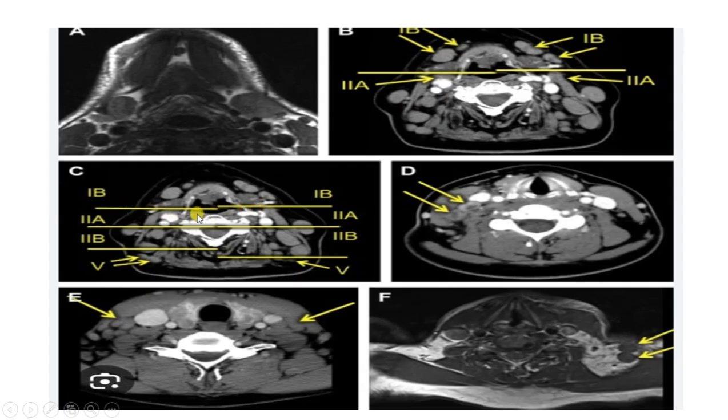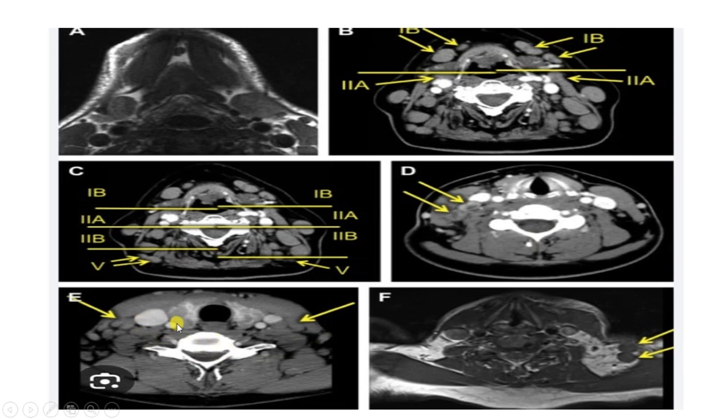And in this view, this is the submandibular gland, level 1B lymph node and carotid sheath, and here the 2A lymph nodes are identified, the sternocleidomastoid muscle, and here the 2B lymph node groups, and posterior to the border of the sternocleidomastoid, level 5 lymph nodes are identified.